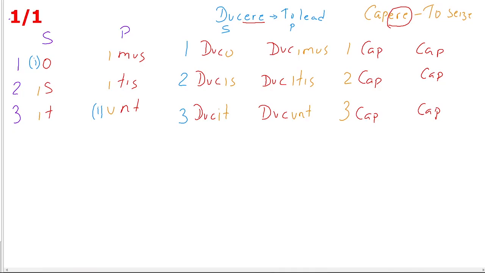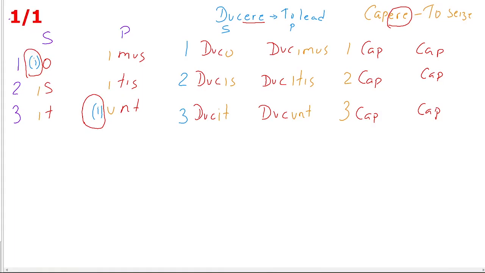Now we see that in the third IO conjugation, there is this additional I which you will find for the first person singular and the third person plural. Apart from them, the rest of the endings are similar for the third regular and the third IO.